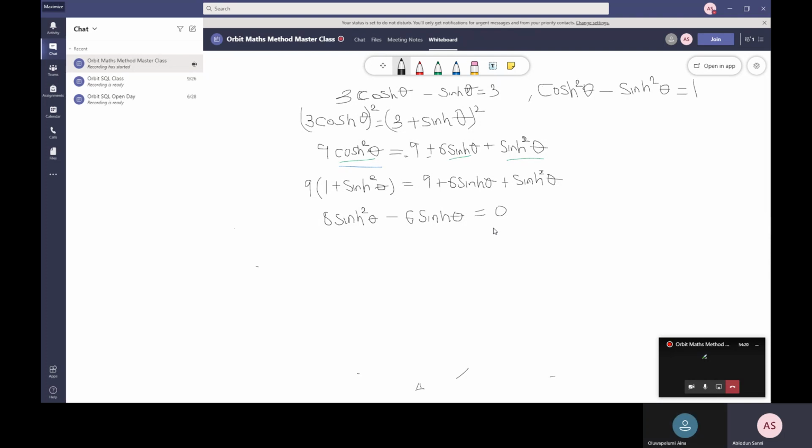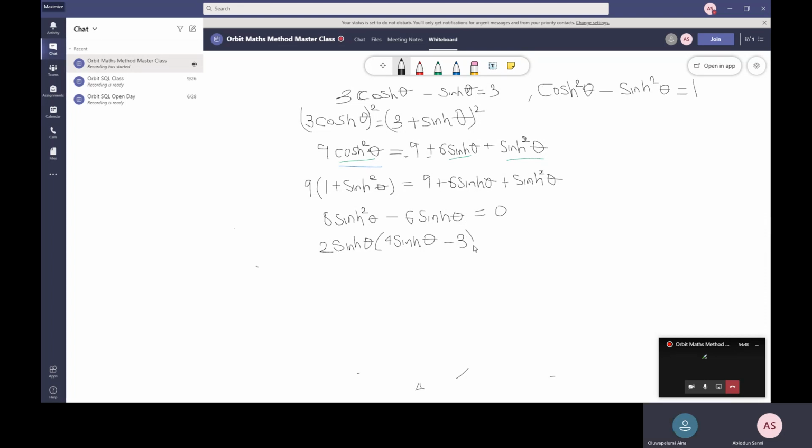Okay, so the next thing I'm going to do is, what's common to both sides? Sin theta. That's 2 sin theta, right? So I'll take 2 sin theta into bracket 4 sin theta minus 3, right?